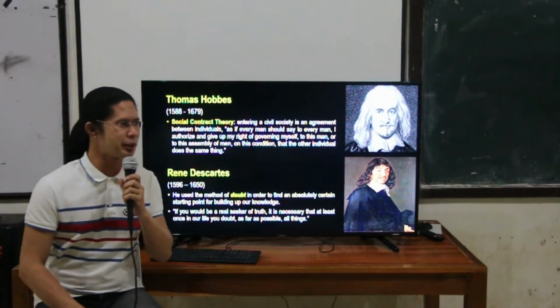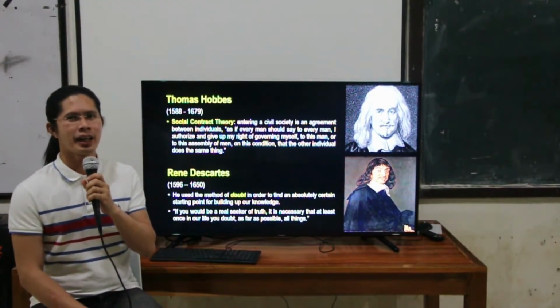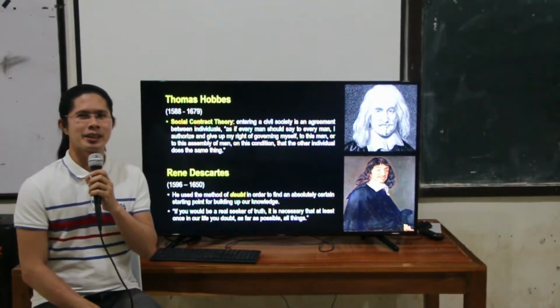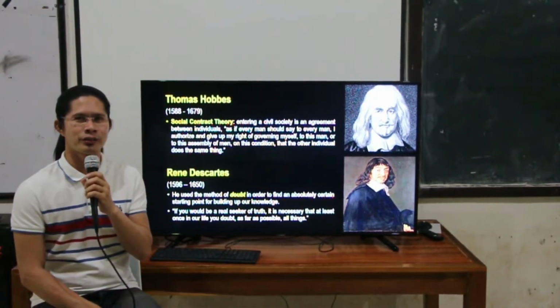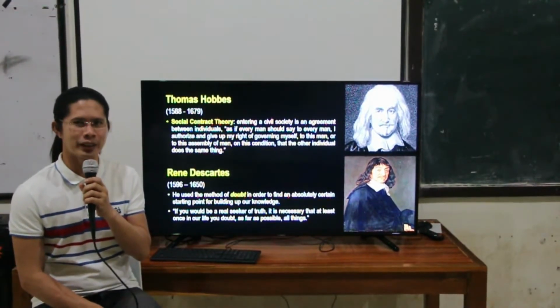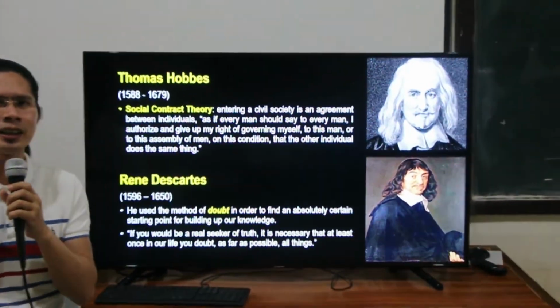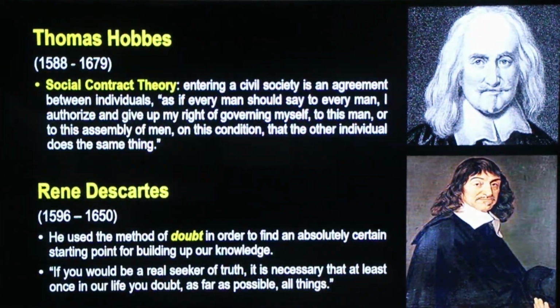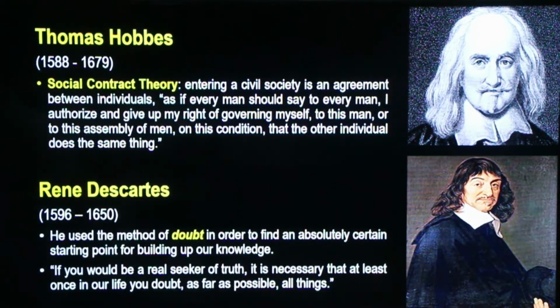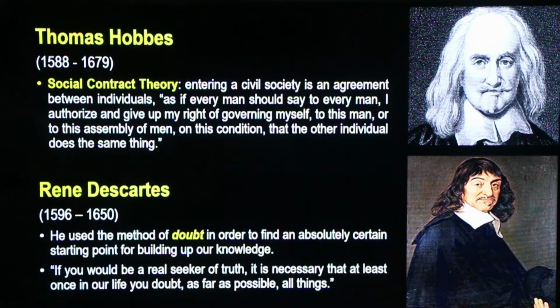We now continue with René Descartes. René Descartes is considered the father of modern philosophy for the reason that he introduced an entirely different way of thinking or arriving at the truth. He made famous the method known as skepticism.